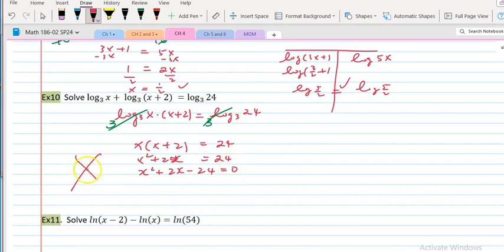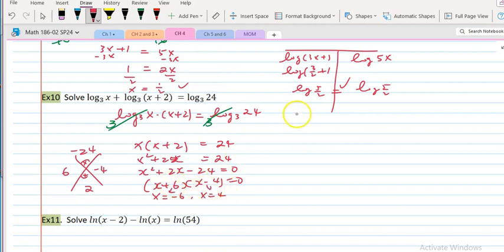Do diamond. Negative 24 for multiply, add for 2, so it'll be 6, 4. I want add to 2, so it'll be x plus 6, x minus 4 equal to 0. X equal to negative 6, x equal to 4 after you split them, right?